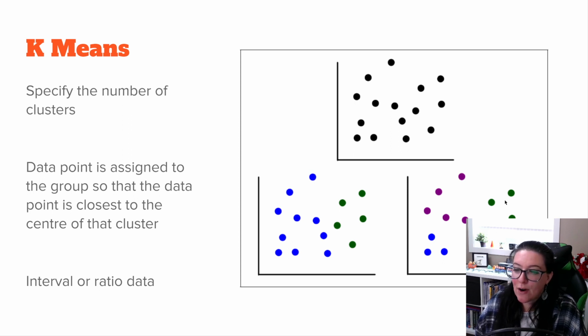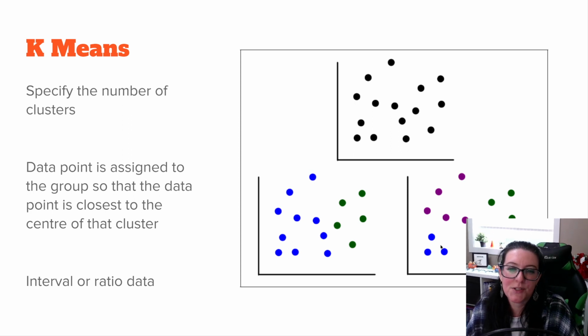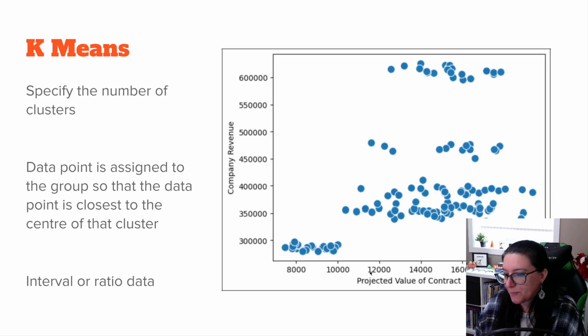If we were to define that there are 3 clusters, green, purple, and blue, each data point is going to be closest to the center of the cluster to which it's assigned. When it comes to k-means, because we're looking at this issue of distance, we need to have interval or ratio data. It does not work with nominal or ordinal data. So we have to have interval or ratio data.